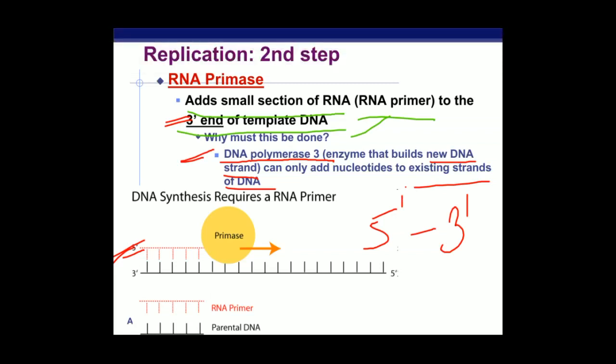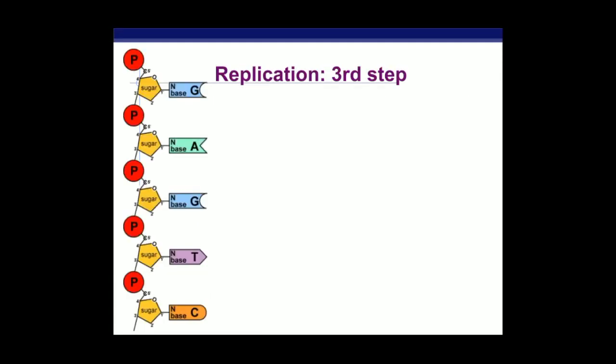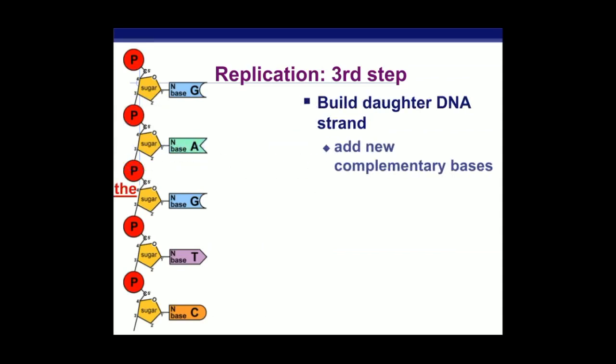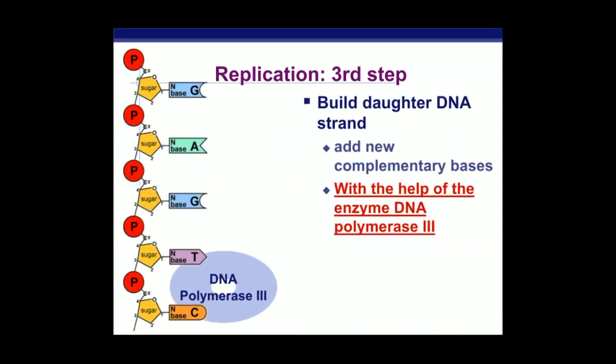Let's see now. So this is the third step in the replication. Let's see what it actually is. Here you can see, build a daughter DNA strand. As you can clearly see, new complementary bases are added, which is done by DNA polymerase 3, as we have already discussed, at the RNA primer region, and it takes place from 5' to 3' direction, as already mentioned.